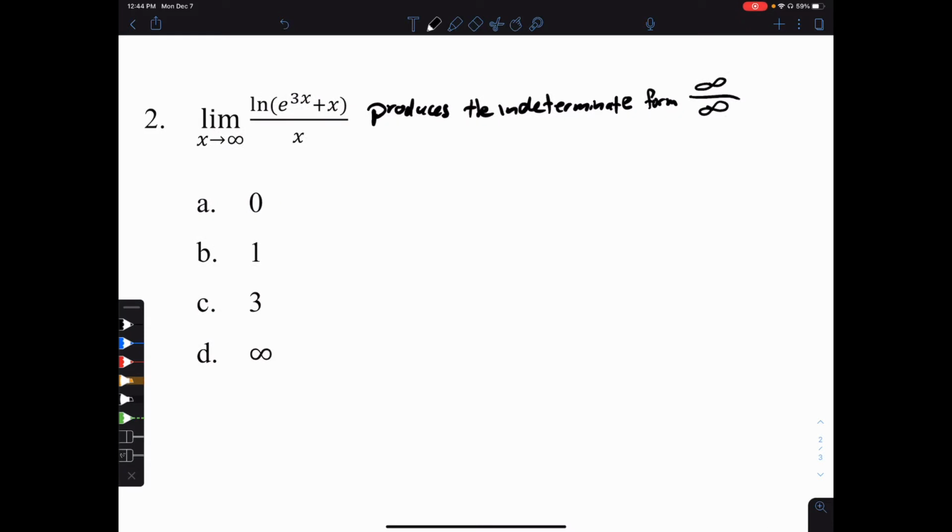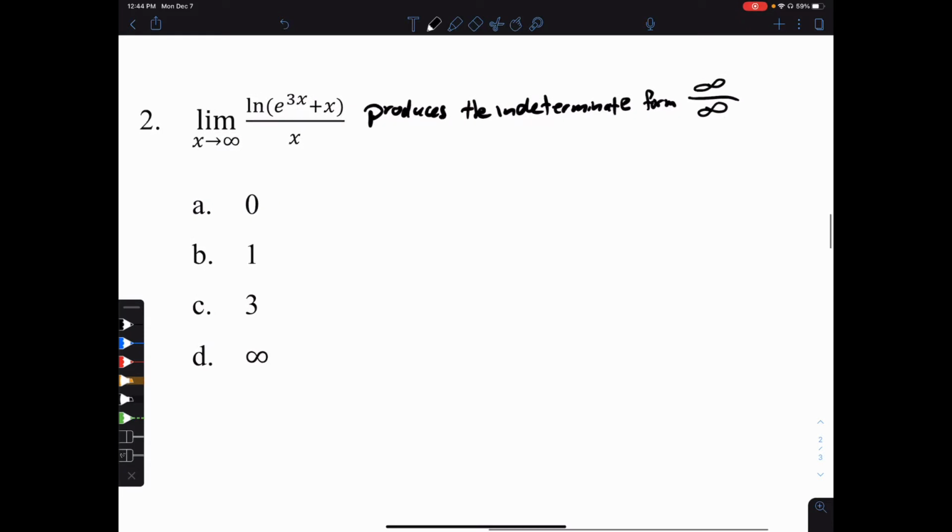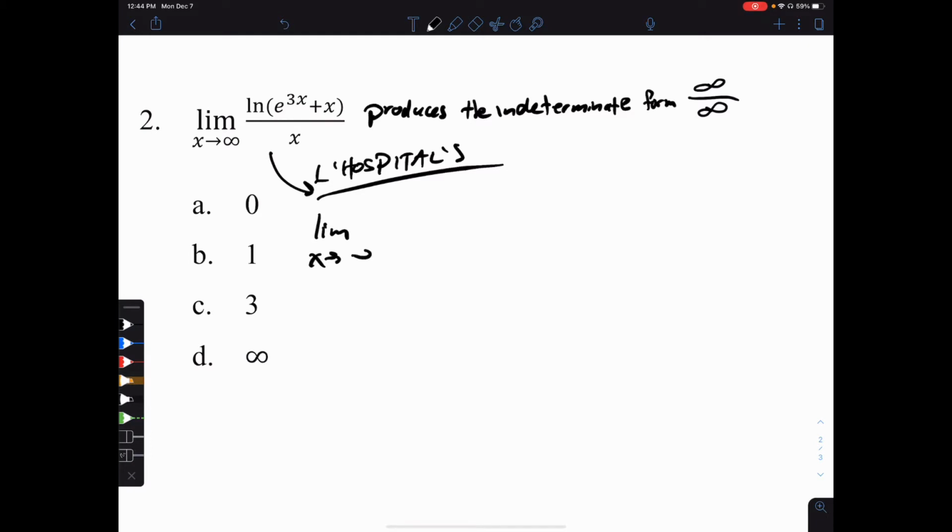So let's try to apply L'Hopital's rule. So this should be equal to the limit as x approaches infinity. Take the derivative of the top and the bottom. The bottom's easy. The derivative of x is 1. Derivative of natural log of something is the derivative of the argument over the original argument.